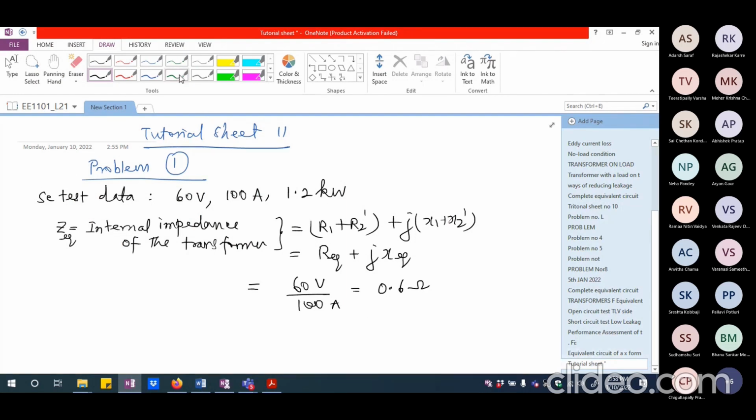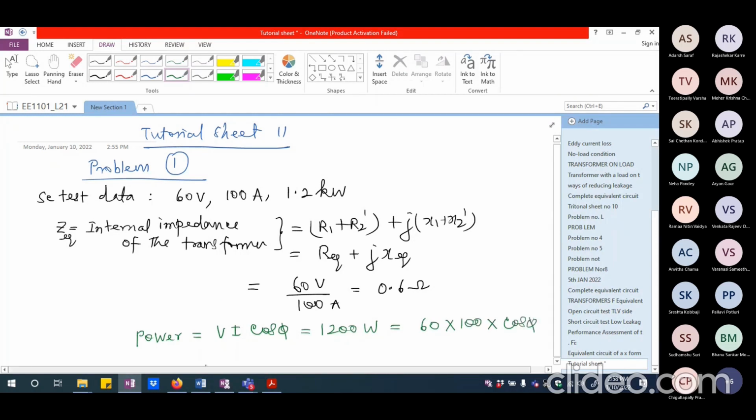Now we can say that the power dissipated in the resistance will be VI cos phi, and the power is given to be 1200 watts. And this VI cos phi is 60 multiplied by 100 multiplied by cos phi, from which you can get cos phi equal to 1200 divided by 6000.